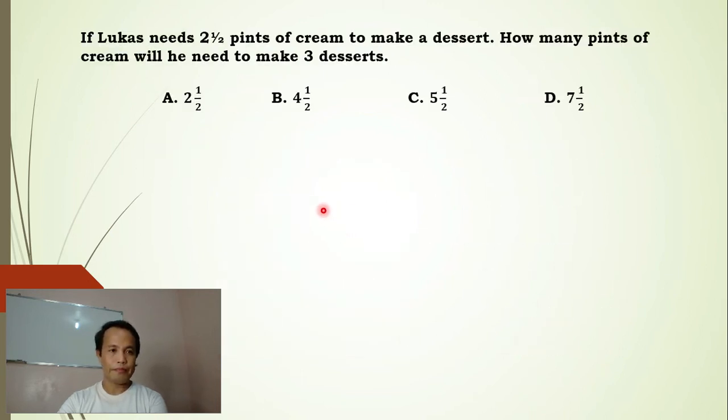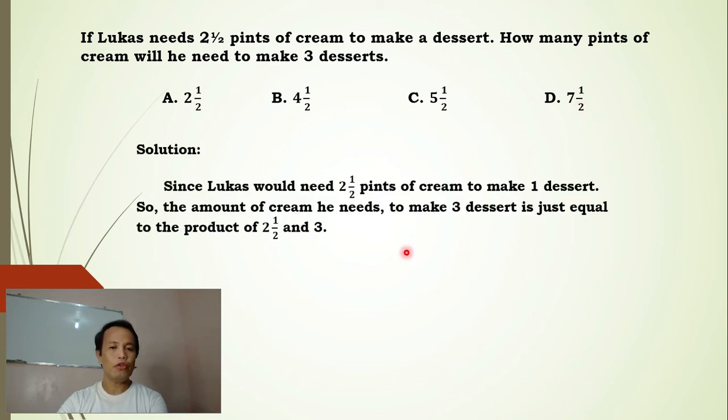Now, next example. If Lukas needs 2.5 pints of cream to make a dessert, how many pints of cream will he need to make 3 desserts? A. 2.5, B. 4.5, C. 5.5, D. 7.5.